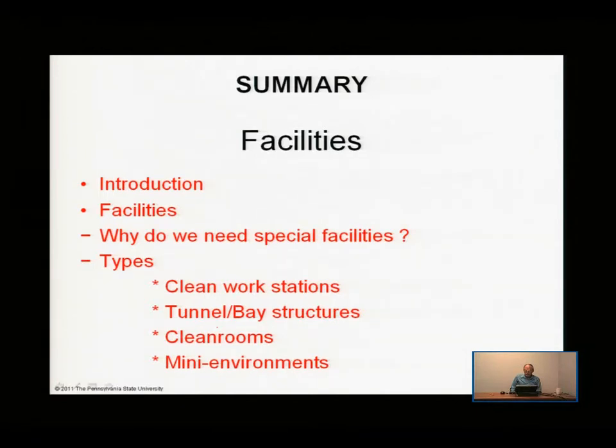So we started with just simple hoods and talked about the air flowing through HEPA filters into the environment, and then discharging the air, making sure that in the simple hood type, the worker can access the volume inside the hood, but trying to control any nanoparticle or chemical flow back out of the hood.